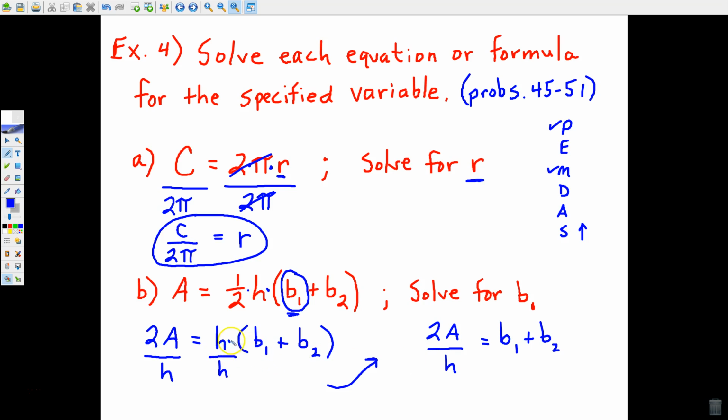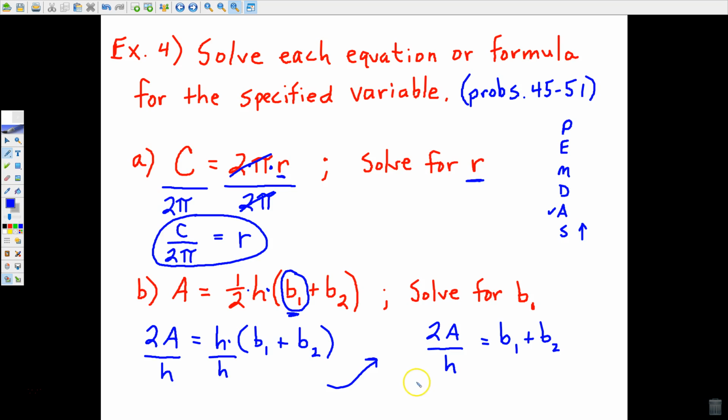Now, since there is nothing being multiplied by this group, I really don't need the parentheses any longer. So now I can take stock and reevaluate my PEMDAS here. What's the operation now that I'm showing? Well, now I'm showing addition, and how do I undo addition?